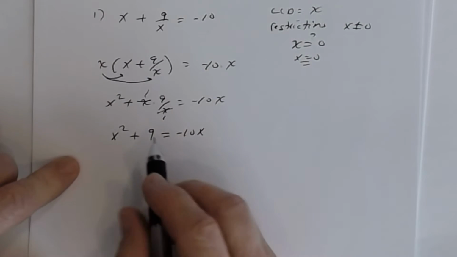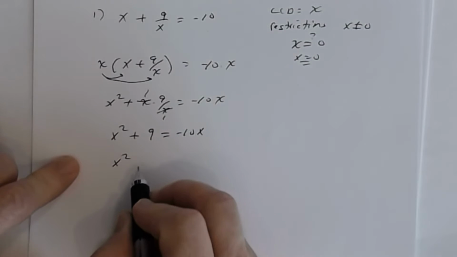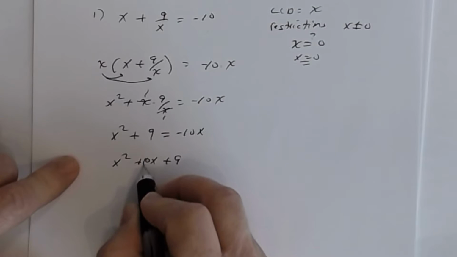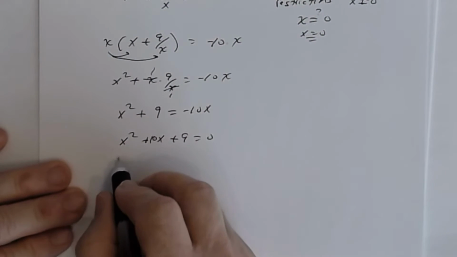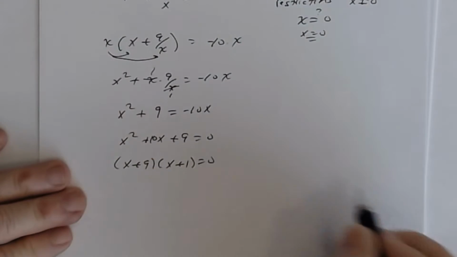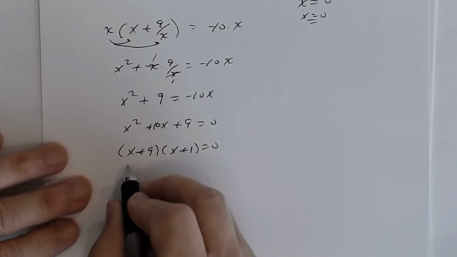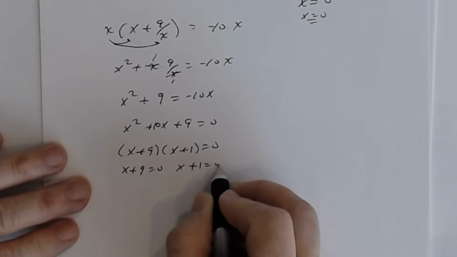I'm going to put this in standard form. When I bring the negative 10x over, I get x squared plus 10x plus 9 equals 0. Then let's factor: x plus 9 times x plus 1 equals 0. Then we set each factor equal to 0 using the zero factor property: x plus 9 equals 0, x plus 1 equals 0.